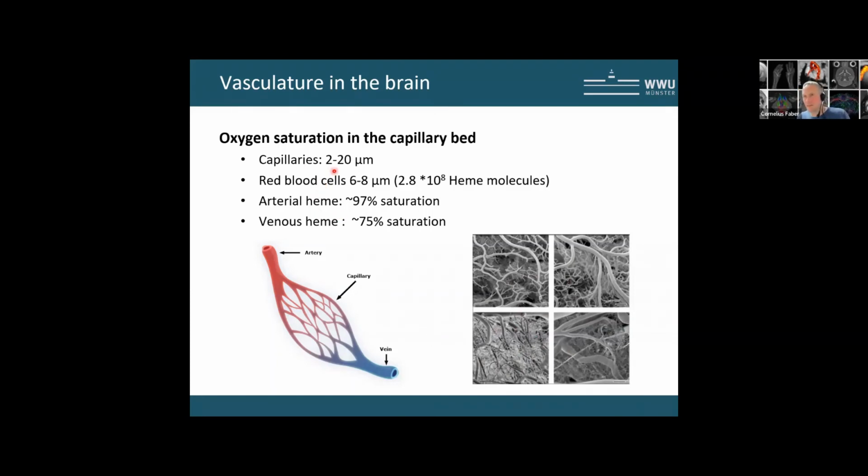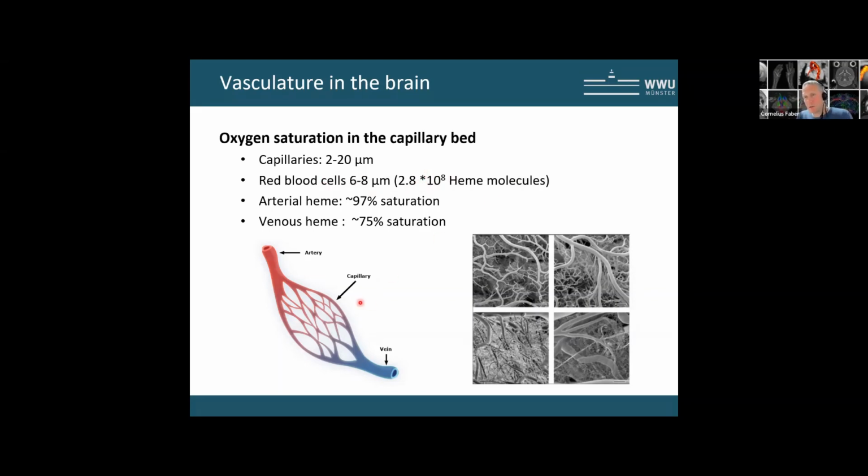But those capillaries are very narrow. You can go down to a few micrometers, so that only an individual red blood cell can squeeze through at once. And these red blood cells have a large number of these hemoglobin proteins and of these heme molecules. So there are around 280 million heme molecules per red blood cell.